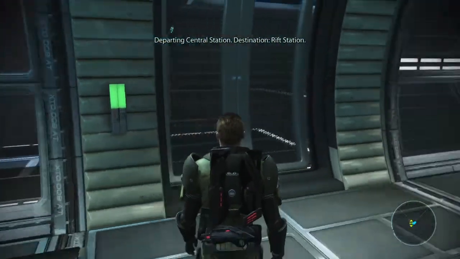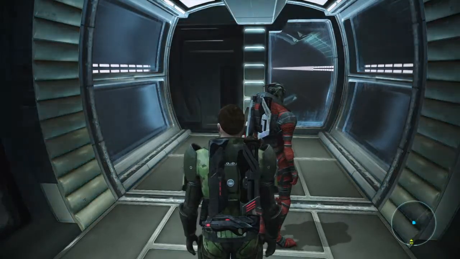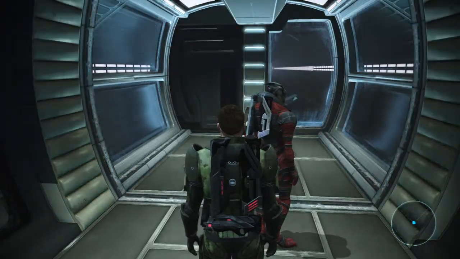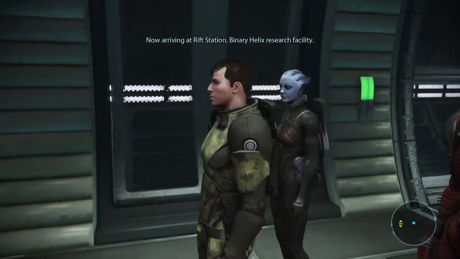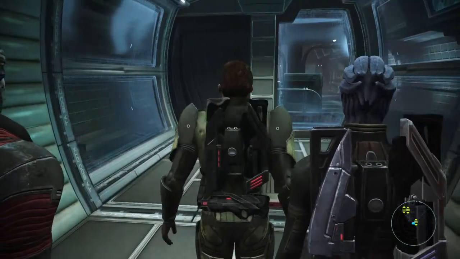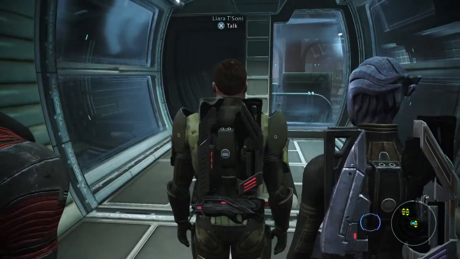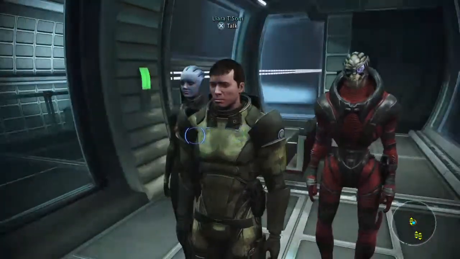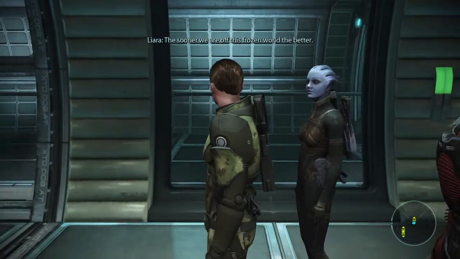Departing Central Station. Destination, Rift Station. Now arriving at Rift Station, Binary Helix Research Facility. The sooner we're off this frozen world, the better.